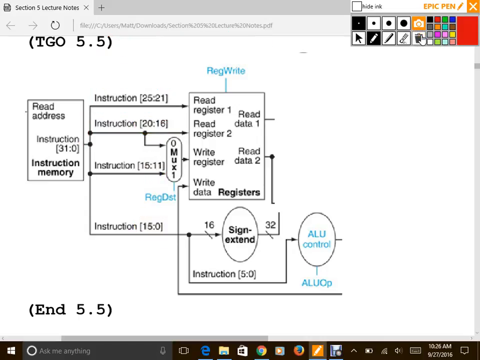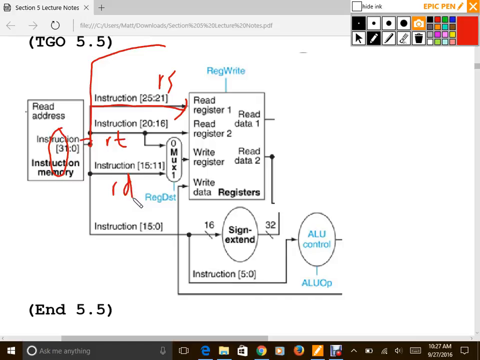So here's what's going on. We have a 32-bit output, which is 4 bytes because we're using byte addressing, and it goes to our control signal. 25 to 21 is RS. It always goes to the registers no matter what. 20 to 16 is RT, and 15 to 11 is RD.